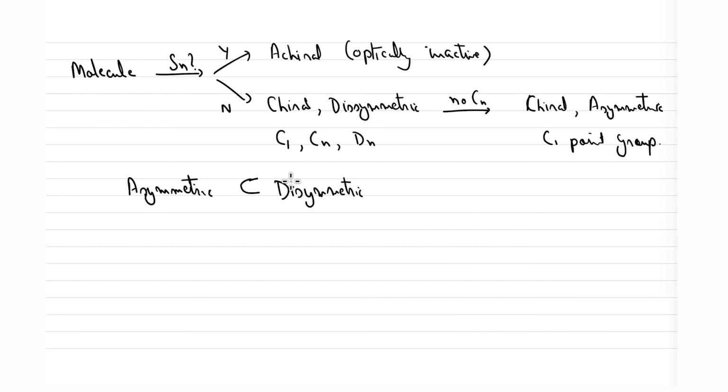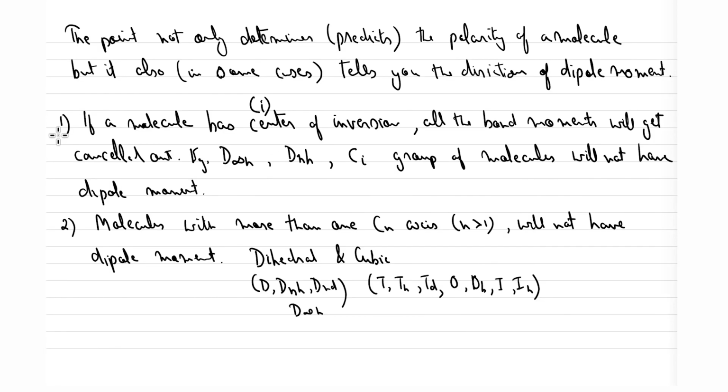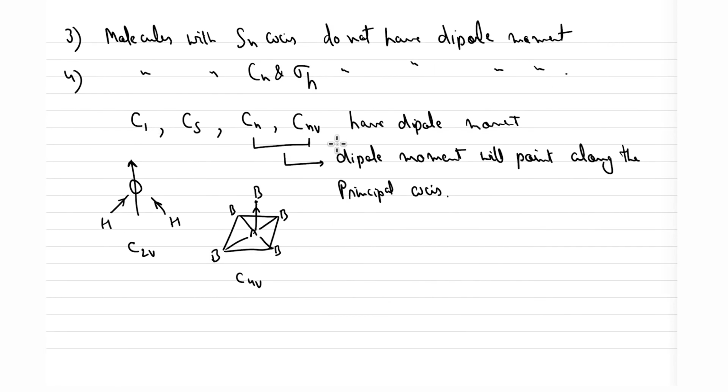But they are all chiral. So that sums up optical activity and dipole moment. Now you know that if a molecule has one of these point groups, it will be optically active, and if a molecule has one of these four point groups, then the molecule will have a dipole moment.